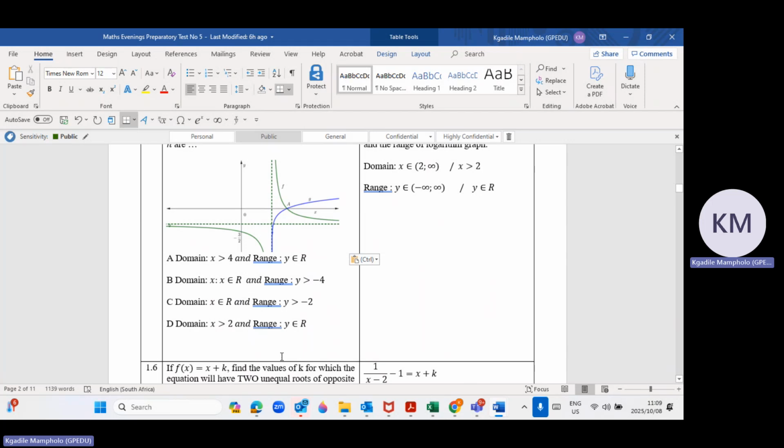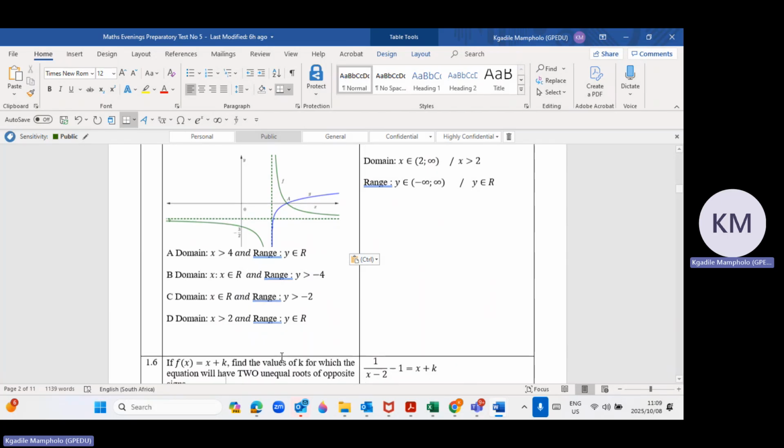It has only the vertical asymptote, just like the exponential graph does not have a vertical asymptote. So the domain will be x greater than 2. The range will be y is an element of real numbers.